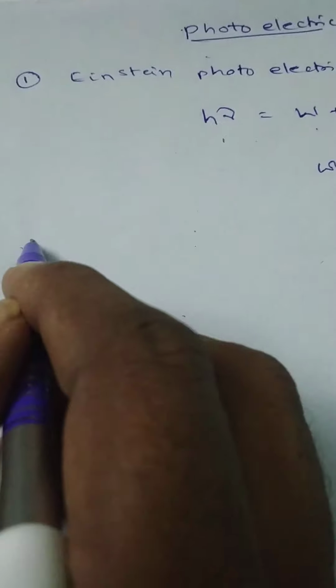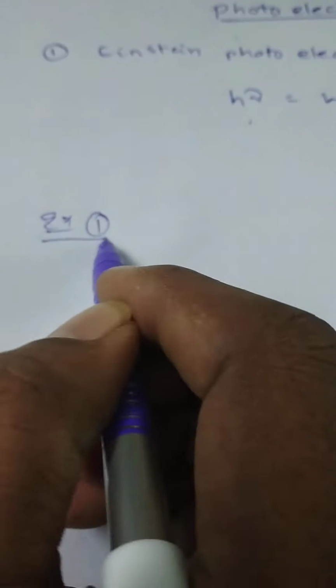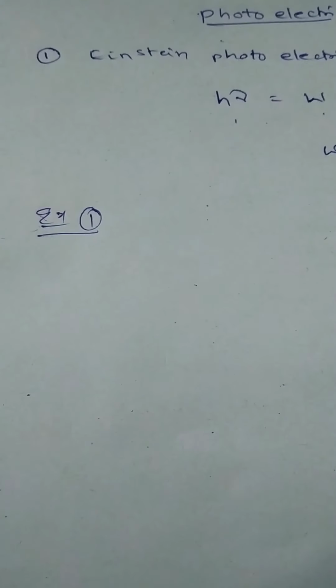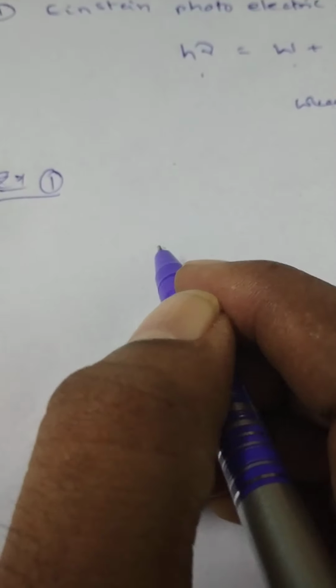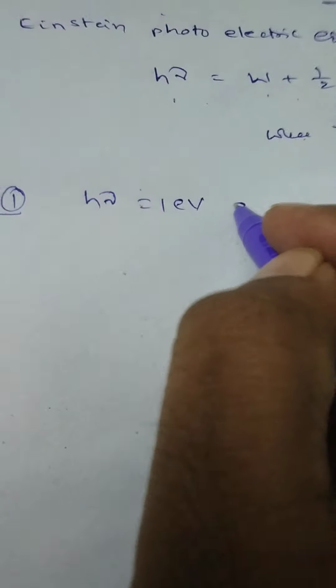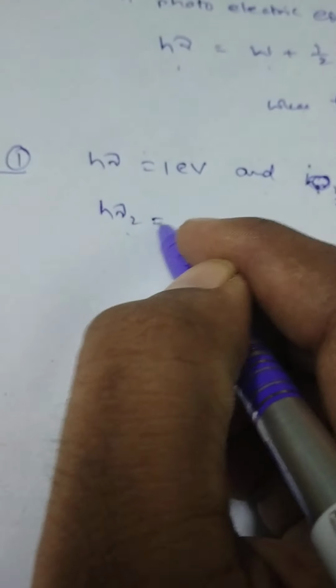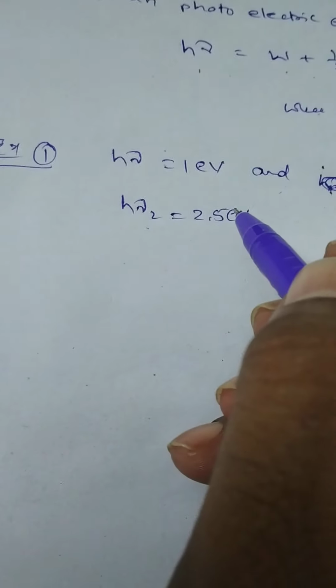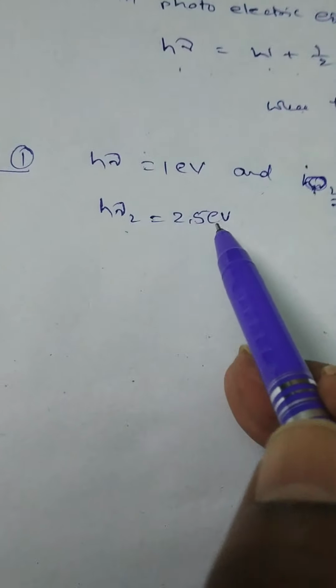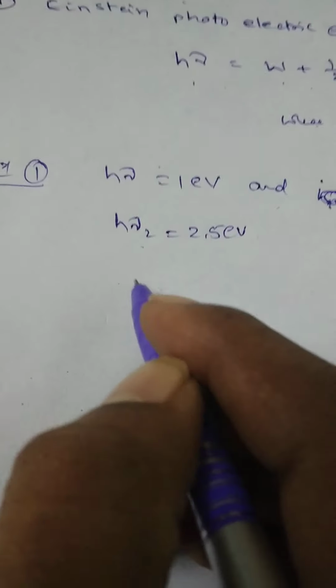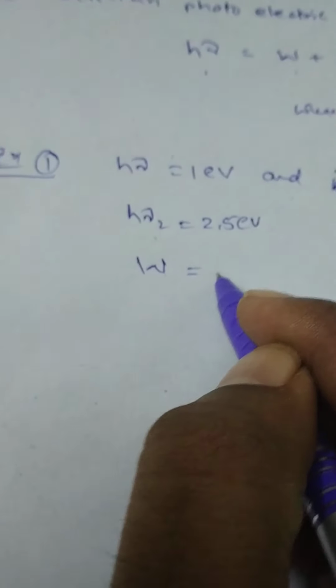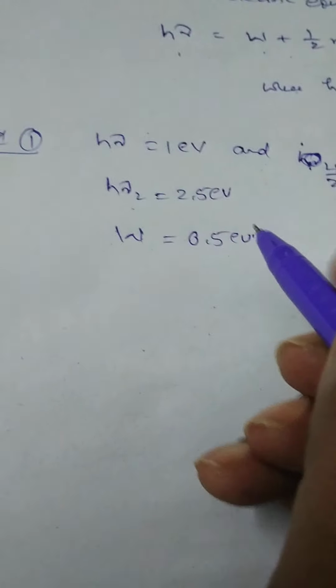Example 1. Suppose light photons of energy h nu 1 is equal to 1 electron volt, and the second one h nu 2 is equal to 2.5 electron volts respectively are made to be incident on a metallic plate of work function W is equal to 0.5 electron volt.